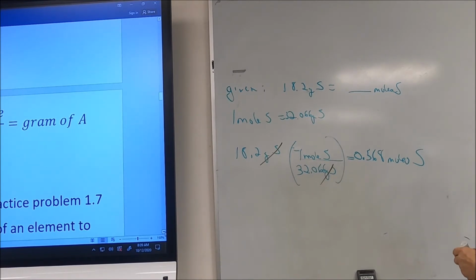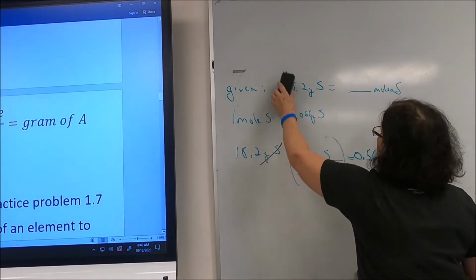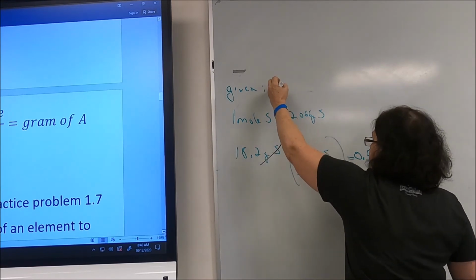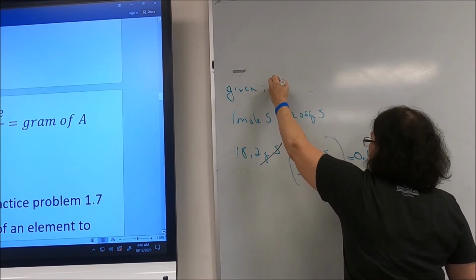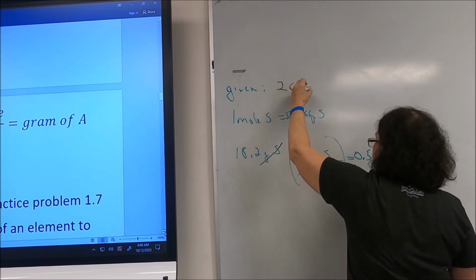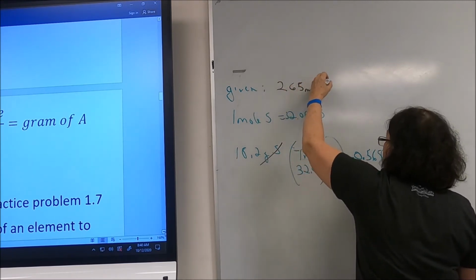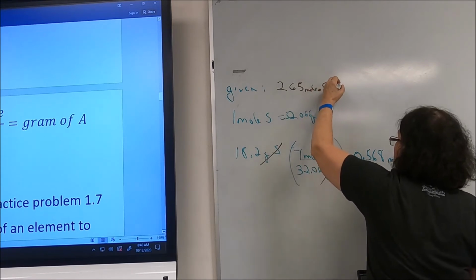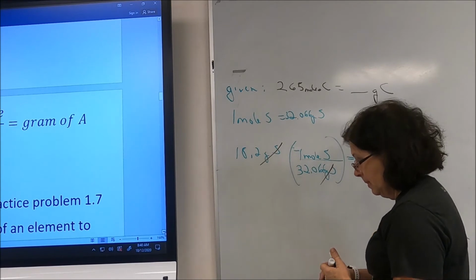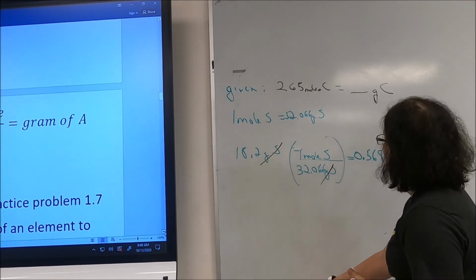Now let's look at a problem where we go the other direction. Let's say that we were given 2.65 moles of carbon, and we're asked grams of carbon.